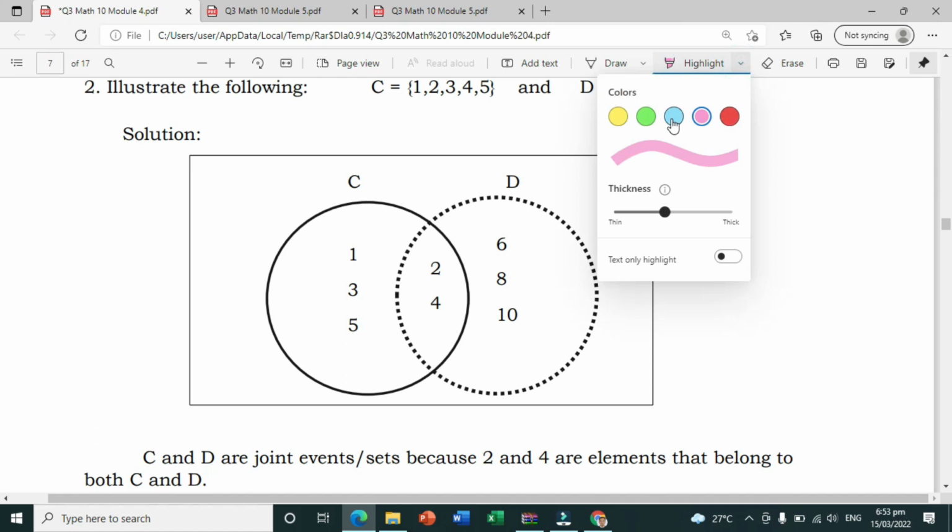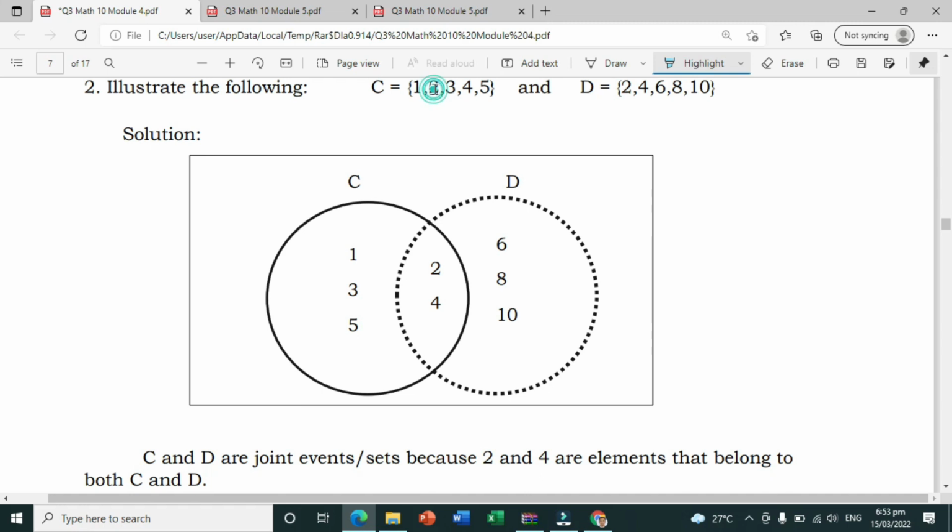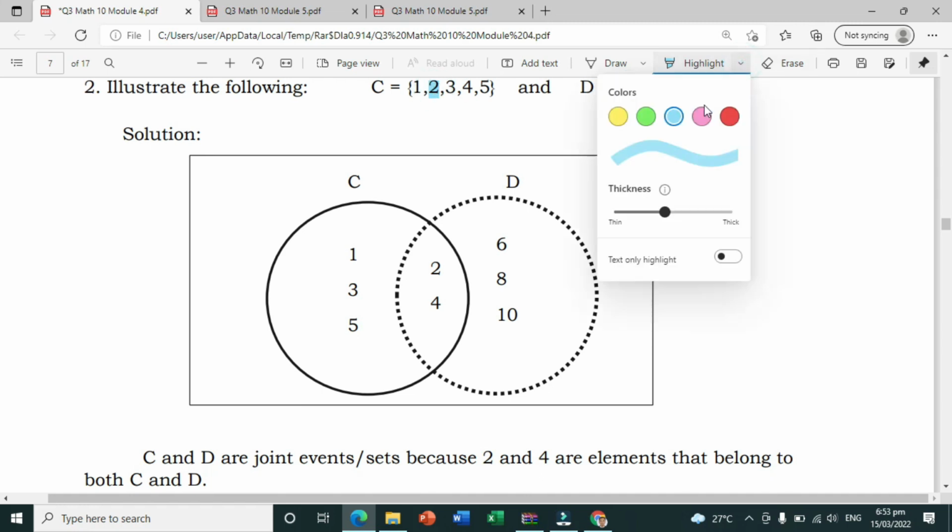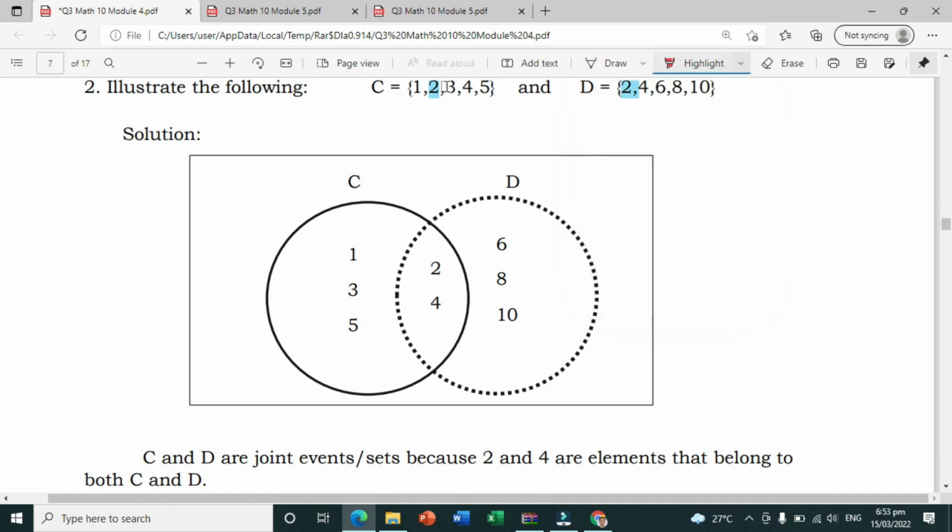So, kung titingnan natin, ito yung 2, at saka 4. So, yung Venn diagram natin would look like ganito.